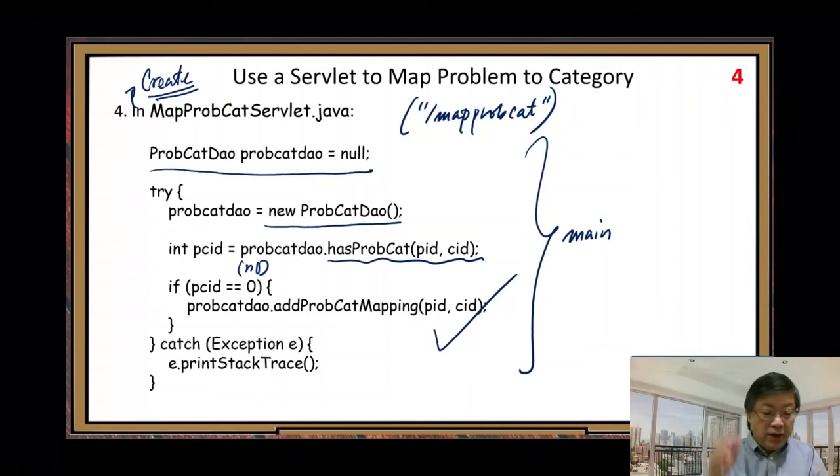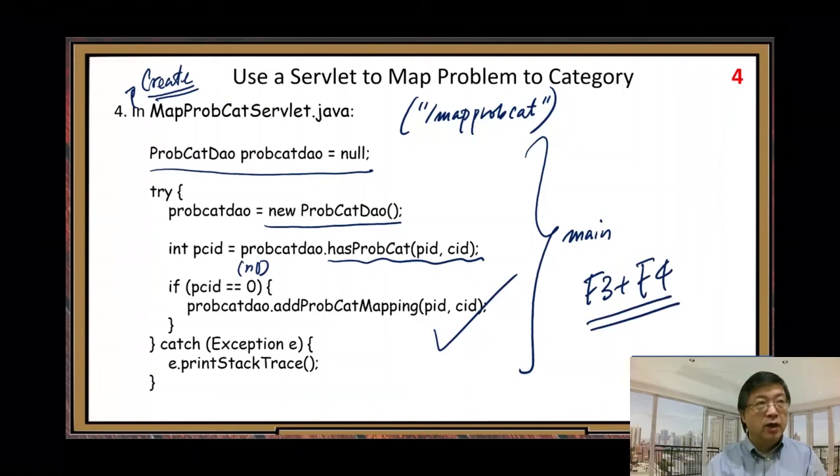All right. Next, let me work on the code part. And the code part, we need to do F3 plus F4 together. Okay, so we use 2 instruction files, F3 instruction file and F4 instruction file. Many steps. So let's go, step by step to do the change.